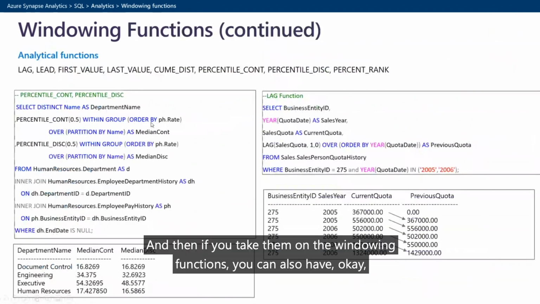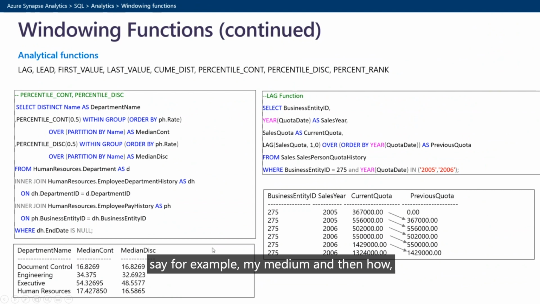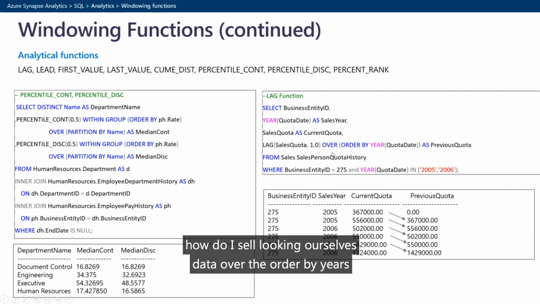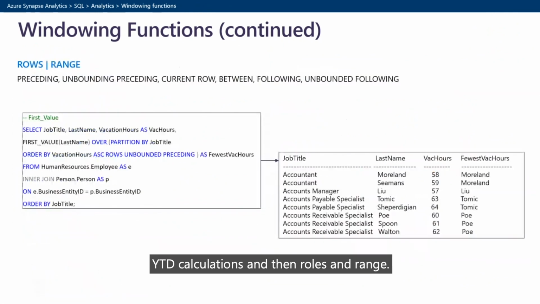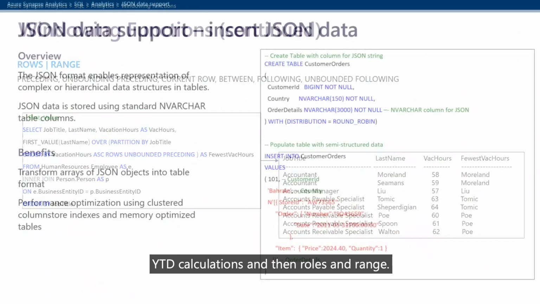If you look at the windowing functions, you could also ask, for example, what is my median, and how do I sell, looking at sales data ordered by years. So the analytical functions are still there, and they give you a lot of ease in doing YTD calculations, and rows and range.